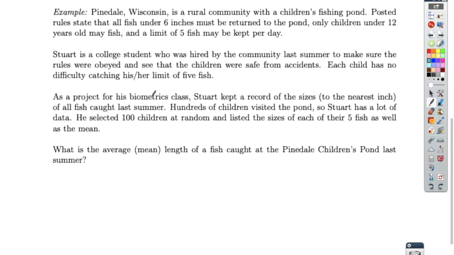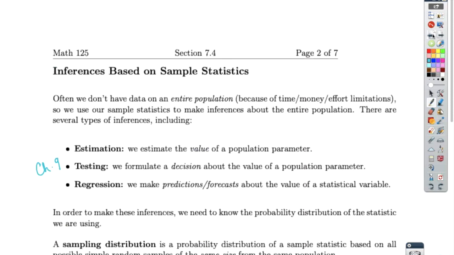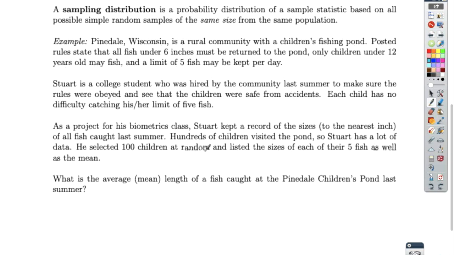As a project for his biometrics class, Stewart kept a record of the sizes to the nearest inch of all fish caught last summer. Hundreds of children visited the pond, so Stewart has a lot of data, which is where all this stuff comes from. He selected 100 kids at random and listed the sizes of each of their 5 fish as well as the mean.